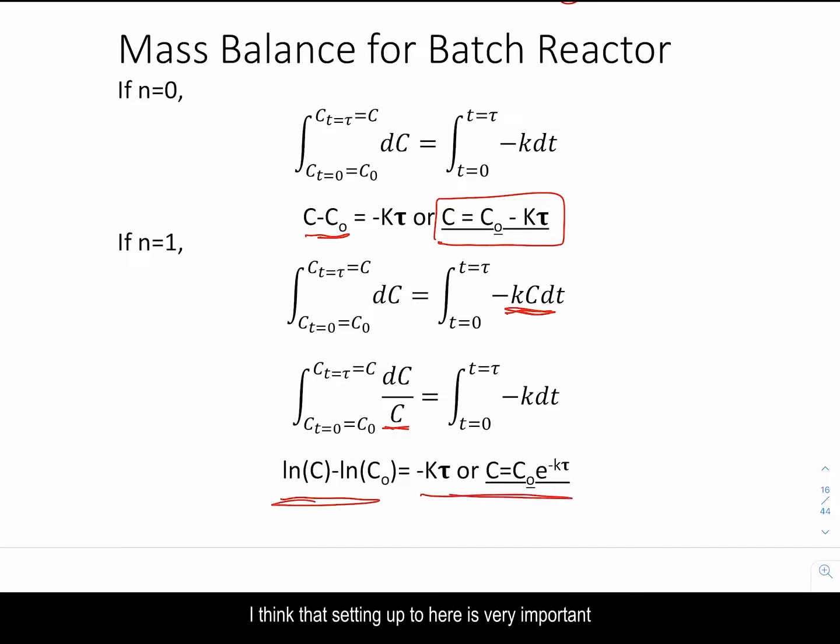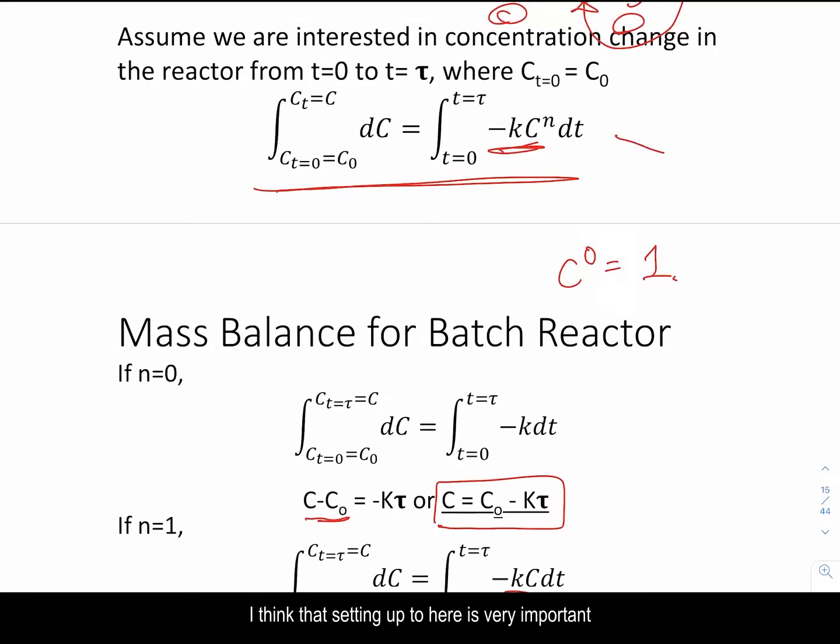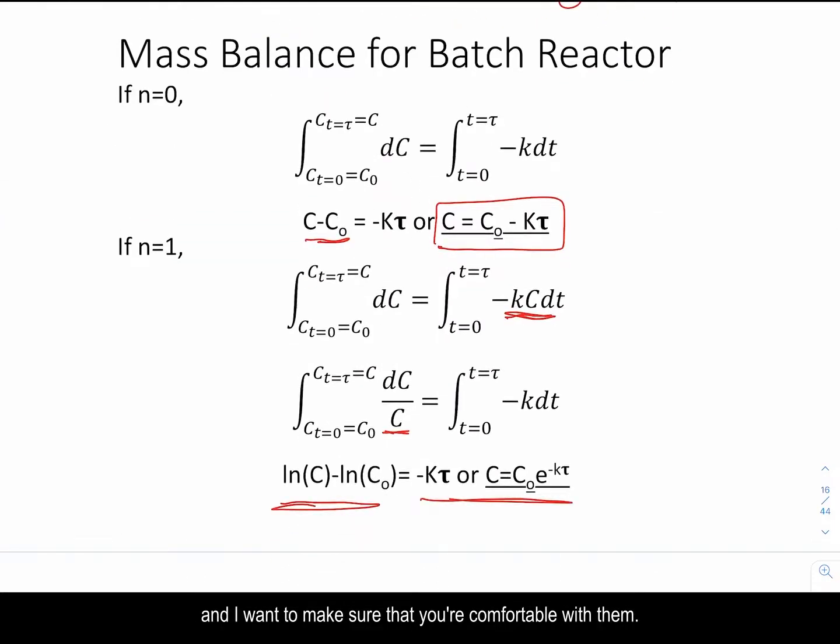Okay. So I think setting up to here is very important, and I want to make sure that you're comfortable with them. And integration, again, if you don't know how to integrate, then you have to go and relearn them. In our class, we don't do too complex integration. I think the basic thing you probably need to know is something like this: dC over C becomes natural log when we integrate. That just comes out so often in our environmental engineering designs.